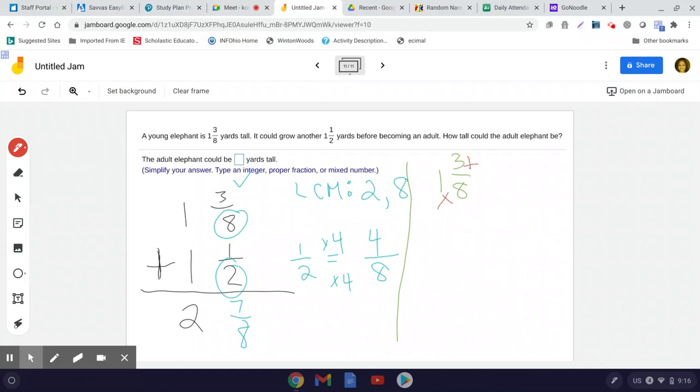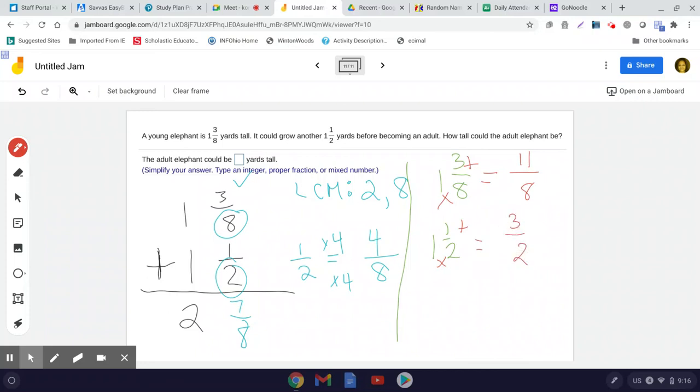So 1 3/8 is the same as what improper fraction? All right, so 1 times 8 is 8, plus 3 is 11 over 8. So what I'm saying is 1 3/8 is the same as 11 over 8. Okay, then you have 1 1/2. That's the same as 1 times 2 is 2, plus 1 is 3, so 3 over 2.